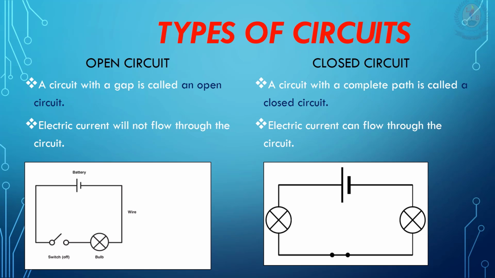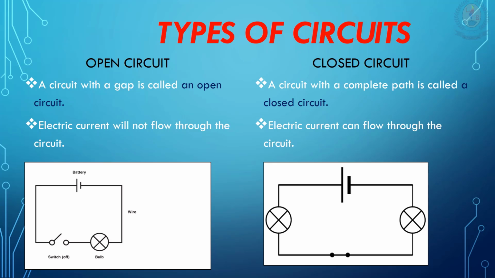It shows you there is a gap in the circuit. Where can you find the gap? Yes, very good. We can see the switch is open. So, there is a gap in this circuit.